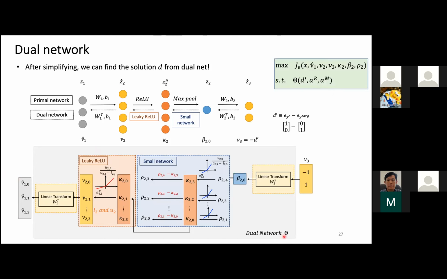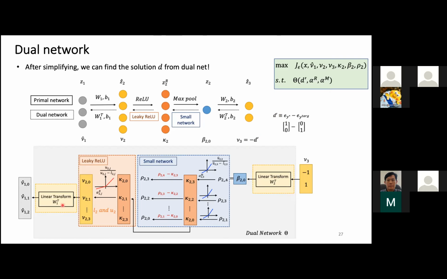Now, if we want to compute the objective function J epsilon, which is the organized form of the G functions, we just feed in the new 3, which is equal to D minus D prime, into the network, then pass a linear transform to get a beta, then pass a small network to get a kappa, then pass the leaky ReLU to get a new 2.